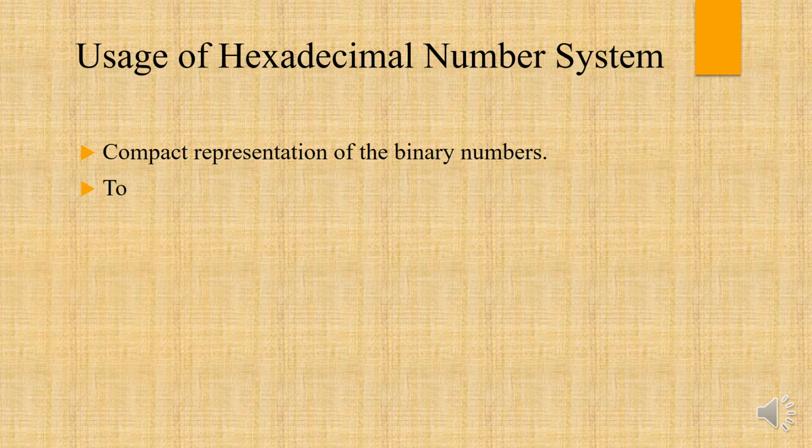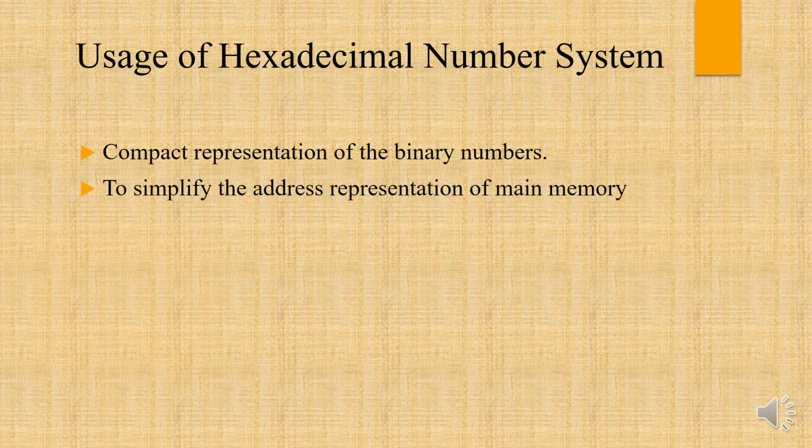Now come to the second point, that is to simplify the address representation of the main memory. Hexadecimal number system is used to describe the locations in the memory. The memory in a computer is the combination of memory locations where each location has a unique address. The size of a memory address is 16-bit or 32-bit. So to simplify the address representation, hexadecimal number system is used.